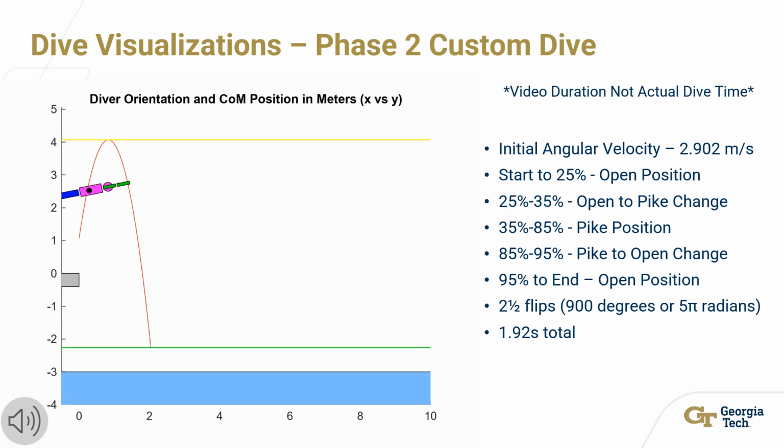And then for our custom dive for phase 2, the visualization was a really important tool in getting it, because we could just tweak around when the positions would change in order to see the amount of flips and orientation. It's not in actual time, but you can see the stats and the visualization here.